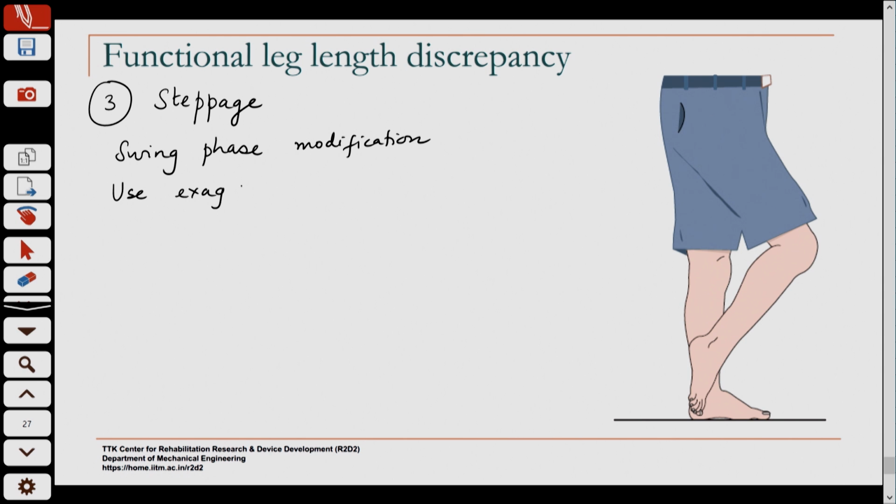Use exaggerated hip and knee flexion to lift the foot higher than usual.